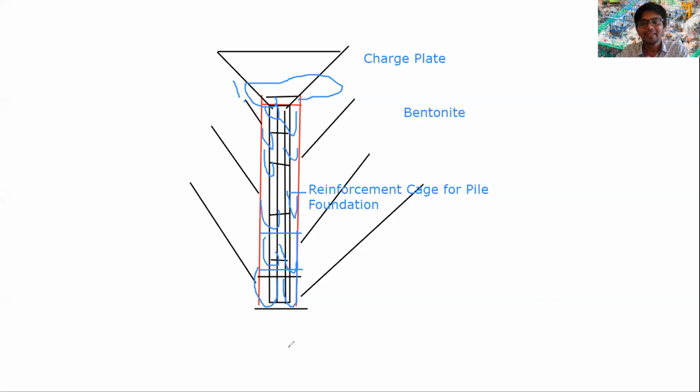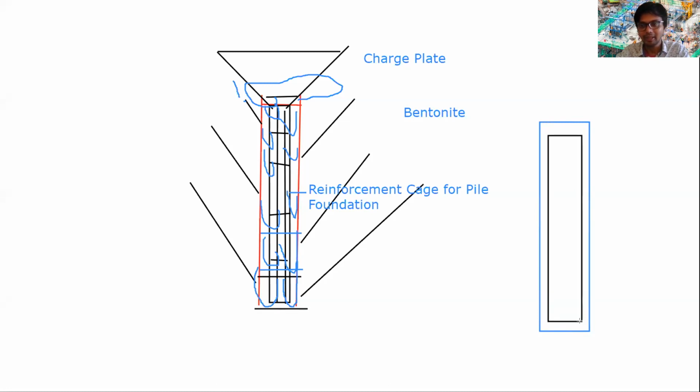Okay. So basically, let me explain what happens here. We have this hole for the pile here, and we have this reinforcement cage of the pile along with the cover, as Anita said.